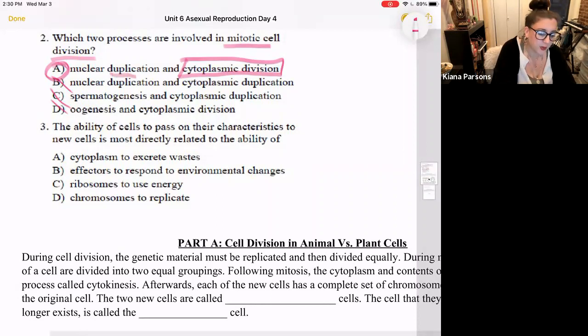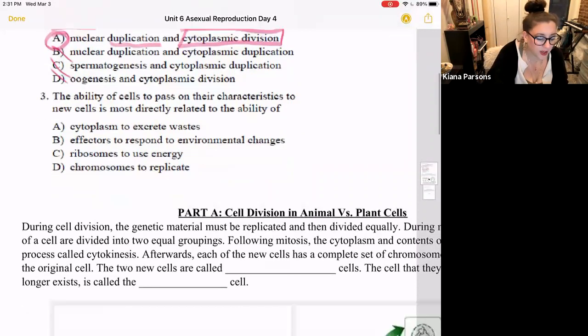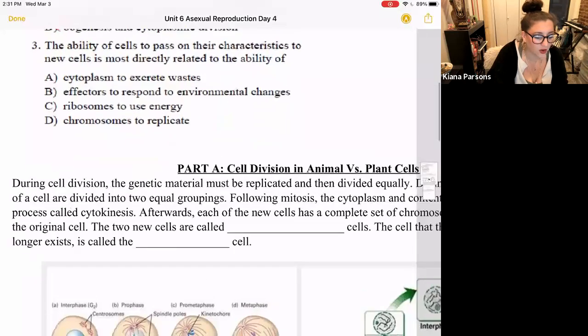And remember, we use that word duplication when we're talking about replication of genetic material, especially because it's a duplicate, it's an exact copy, right? It's not just like splitting or reproduction. We're using that term to indicate it's an exact replica, an exact duplicate. Because the offspring in asexual reproduction are genetically identical.